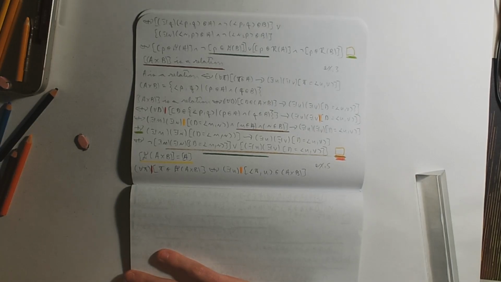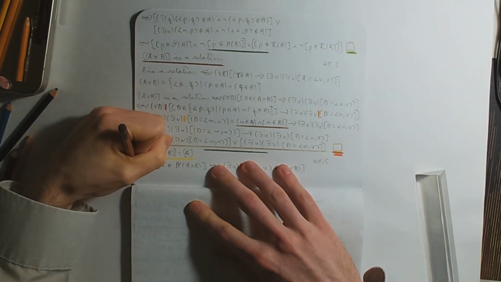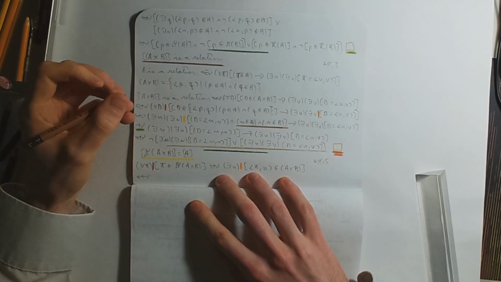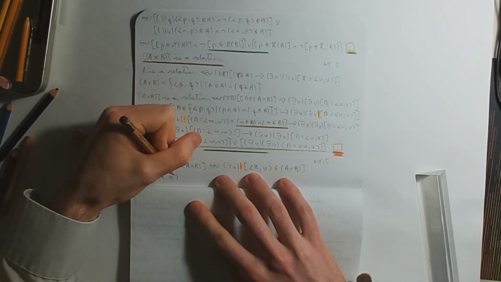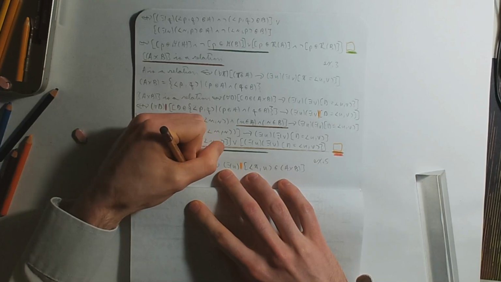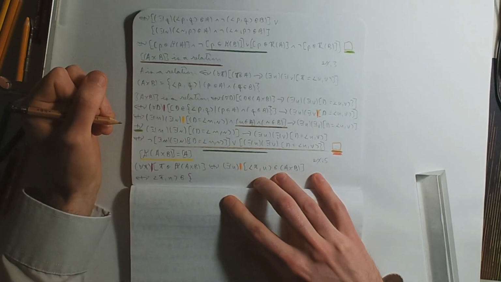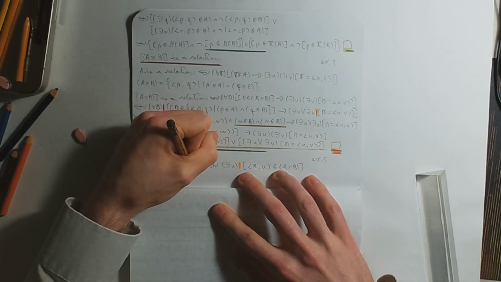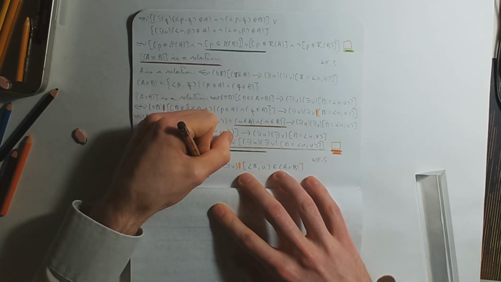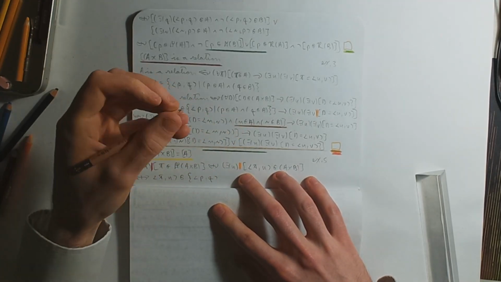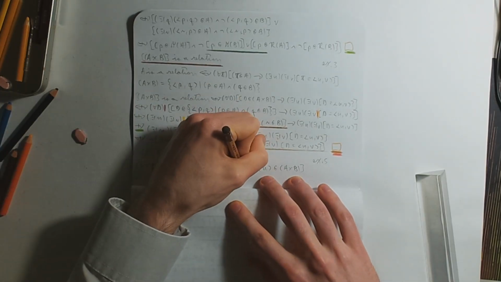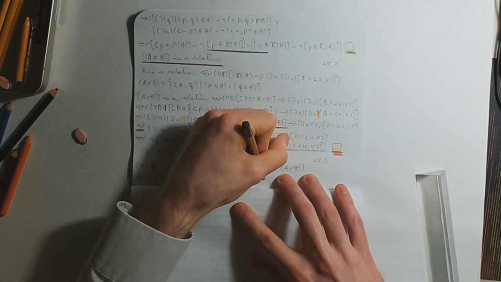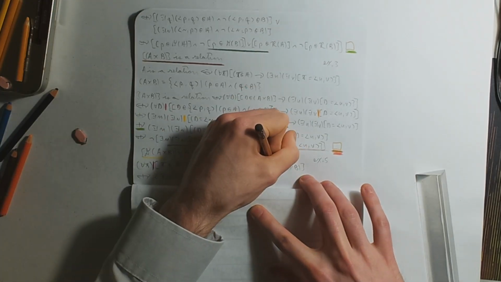Which is interderivable with the expression that the ordered pair TU is an element of the set containing as elements ordered pairs of the form PQ such that P is an element of A and Q is an element of B.